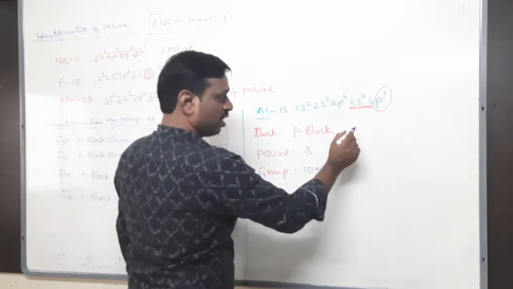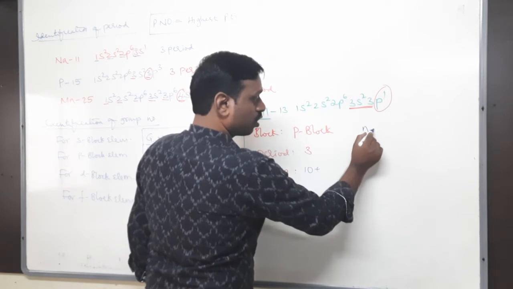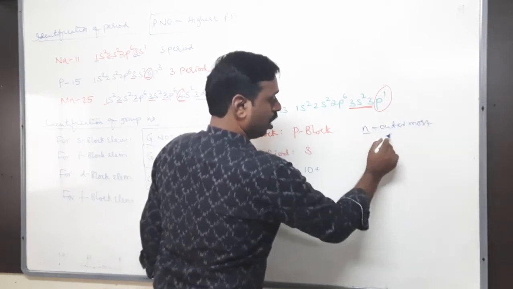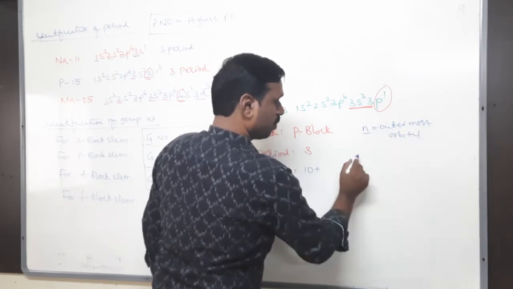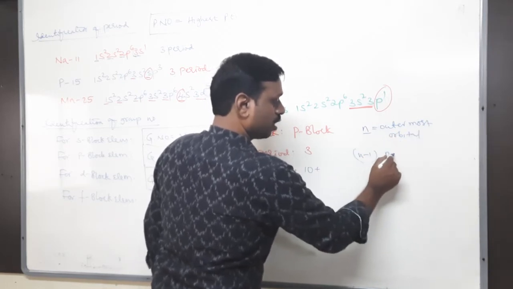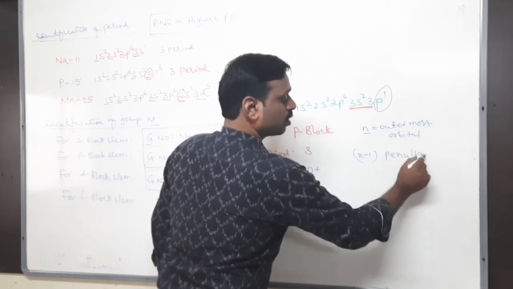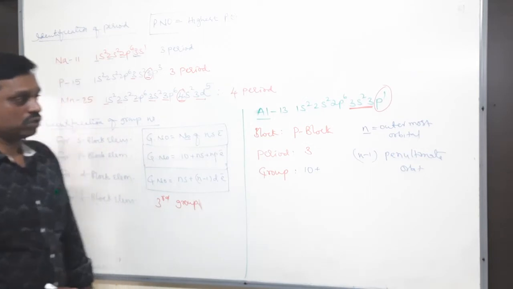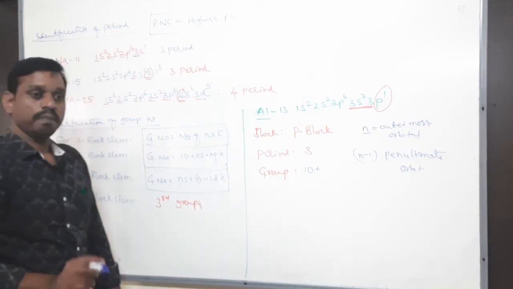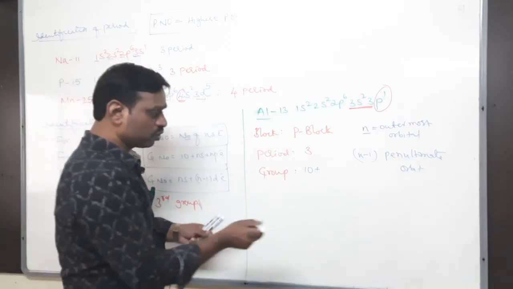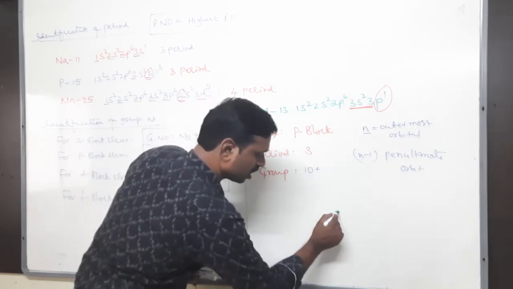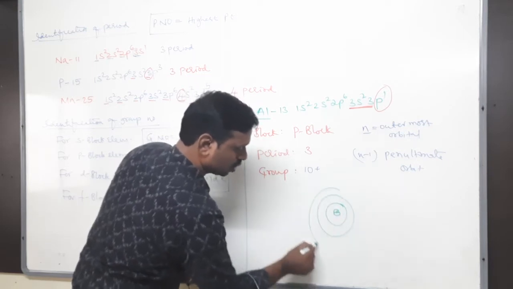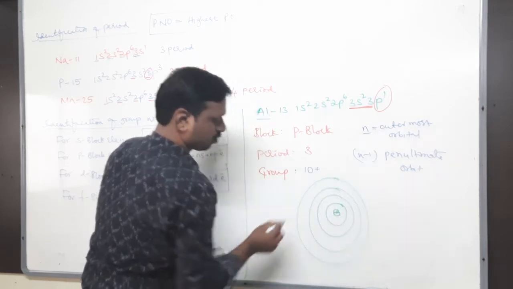Remember, the letter n is used for the outermost orbit. Then what is n minus 1? It is the penultimate orbit. So what is the meaning of outermost and penultimate? If this is the nucleus, I will take shells 1, 2, 3, 4.